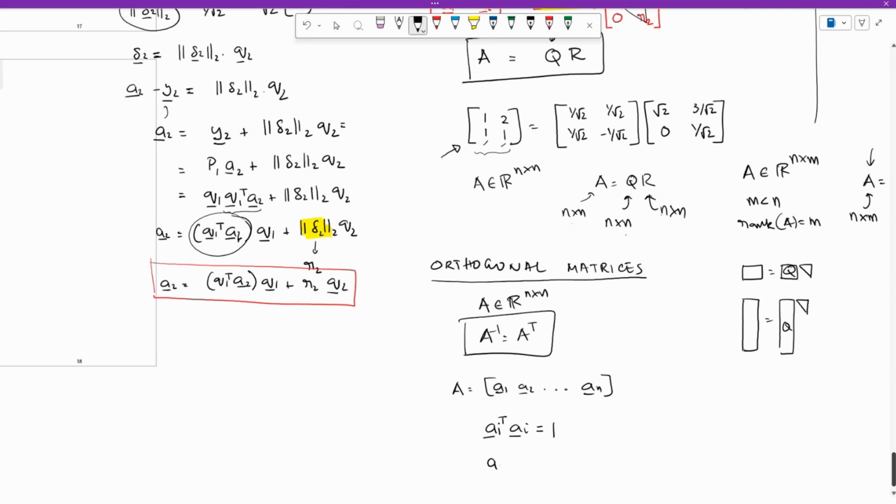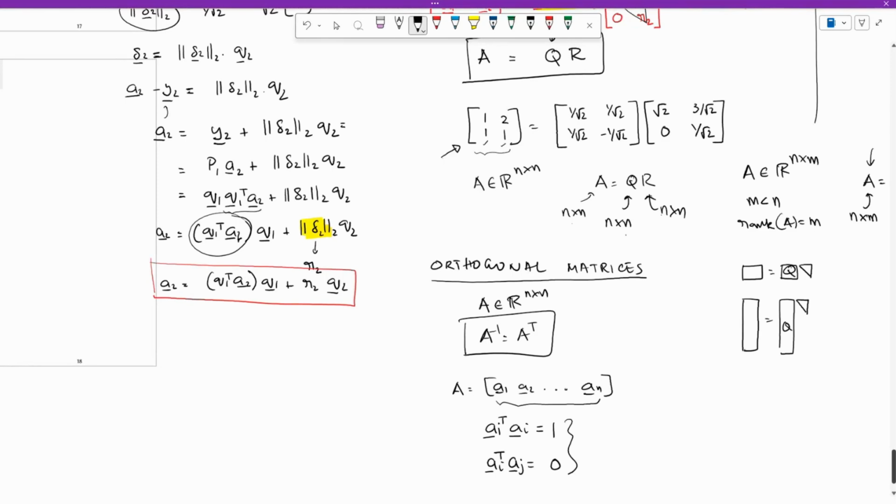And if you take the inner product of any column with any other column, it will be 0, which essentially means that if you have a square matrix A which is orthogonal, the columns of the matrix form an orthonormal basis for Rn.